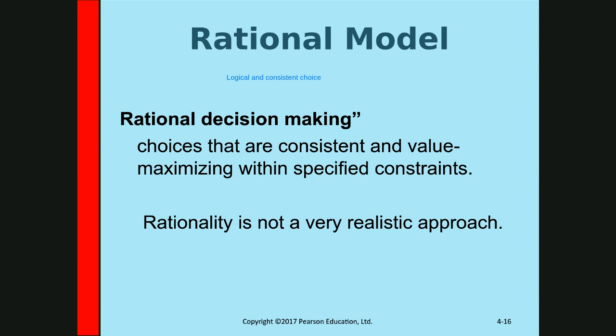So basically this is the rational model. However, this is not a very realistic way of doing it, because a lot of times we might not have consistent choices that are fully objective. And in the rational model, the problem is supposed to be clear and unambiguous.